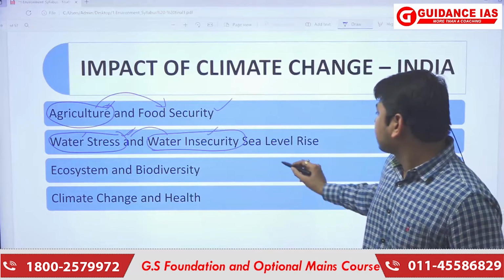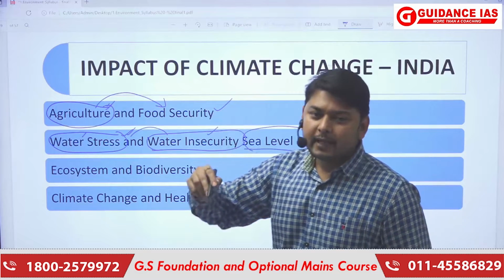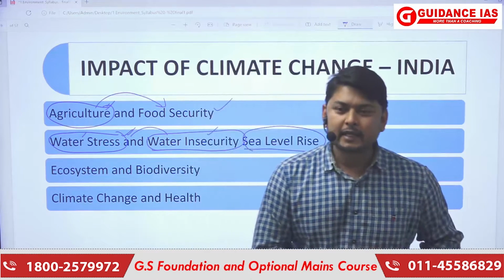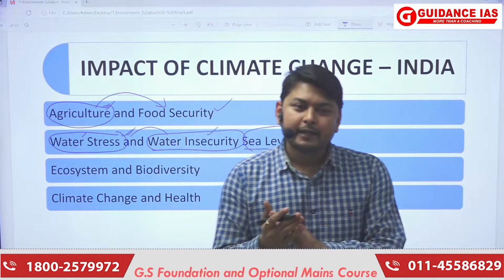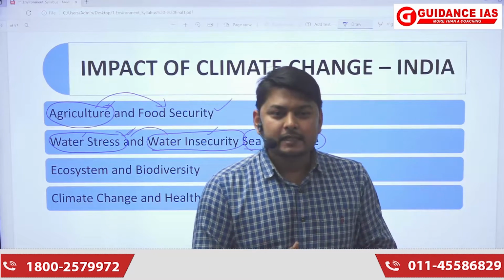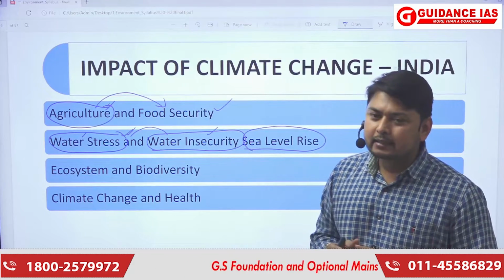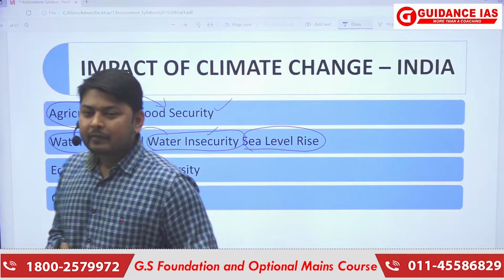Next, we have sea level rise. In one diagram earlier, we saw that because of the receding of glaciers, there is melting of glaciers. This melted glacier water goes into the sea, and because of this there is a rise in sea level. This sea level rise creates a lot of impact on the environment.